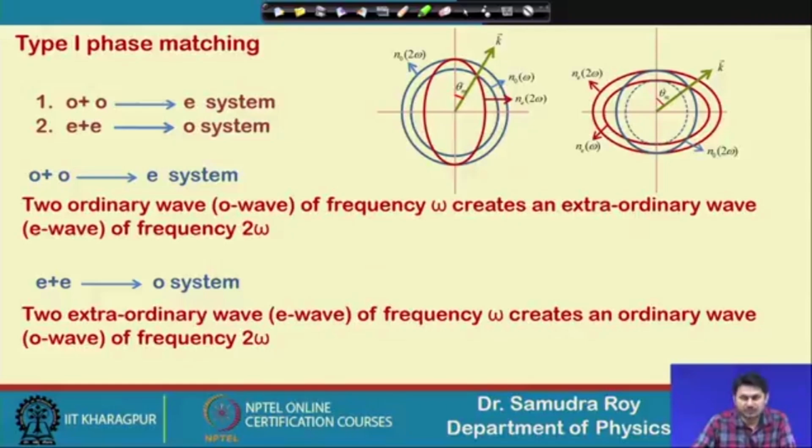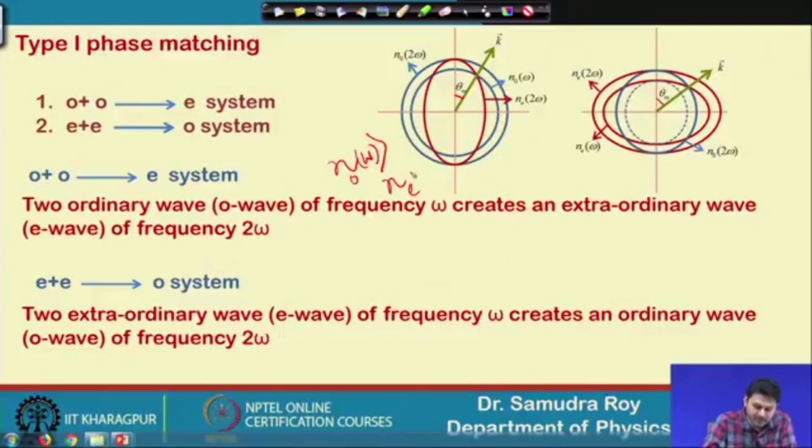The index structure for the two cases is distinct. In the first case the condition has to be n of the ordinary wave at a particular frequency is greater than n of the extraordinary wave at that frequency. So, this kind of crystal is called a negative crystal because n_o is greater than n_e. On the other hand, for the other scheme, that is E E gives O, two extraordinary waves generate one ordinary wave.